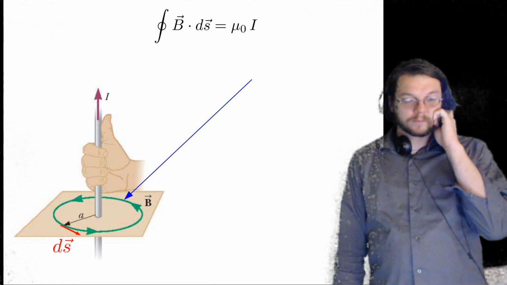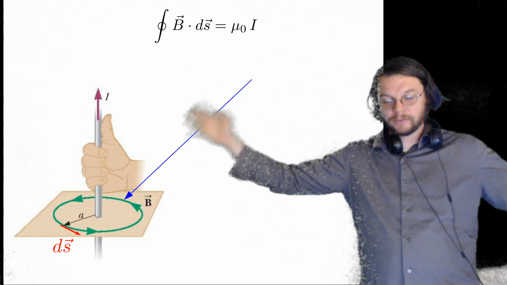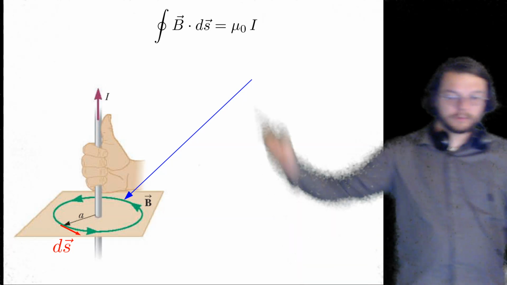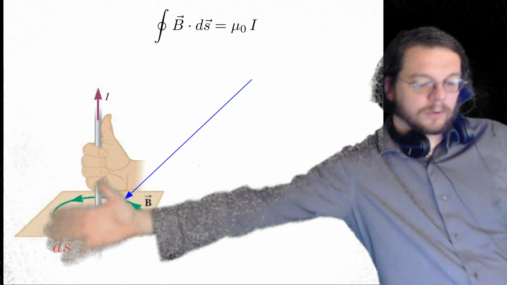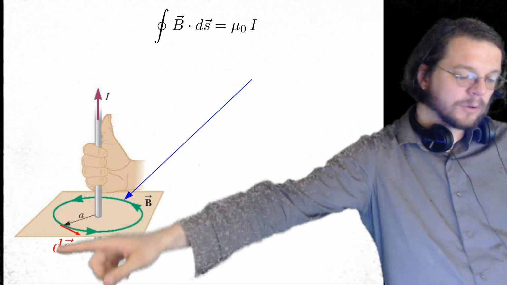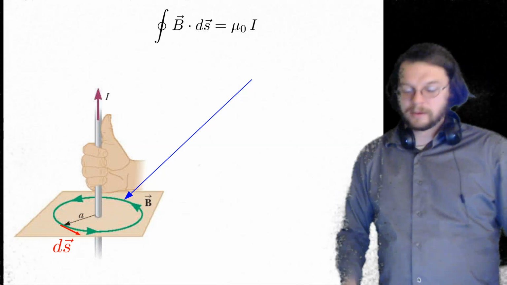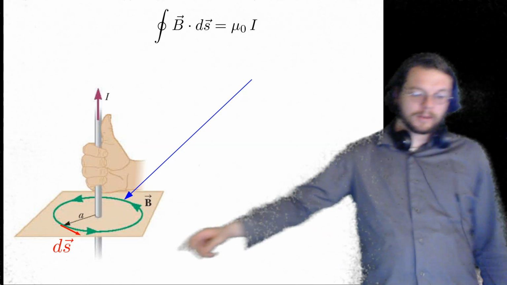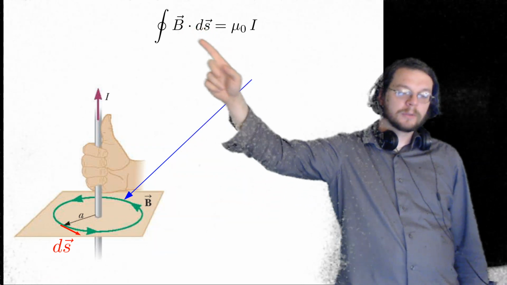And so let's use this to figure out what we already know, which is the magnetic field from an infinite wire. Okay, so here's this thing. The magnetic field is swirling around this way, and so if we draw a path here, again, there's not necessarily current going through this path. Let's just say there's a path, and we go around that path and integrate the magnetic field dotted with this little piece of path.